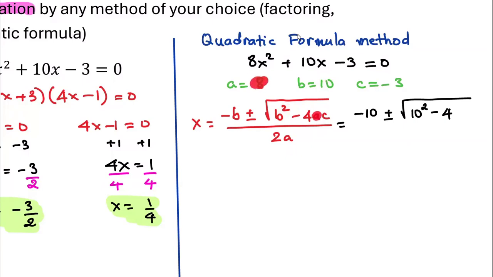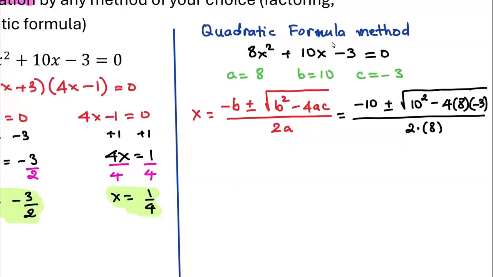A is 8, okay, and C is -3. Divided by 2a, which is 2 times 8. Okay, we need to simplify that. So I get -10 plus or minus square root.